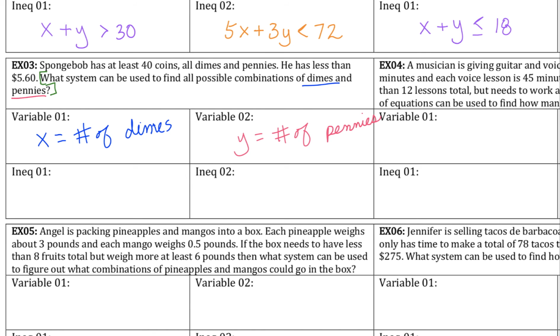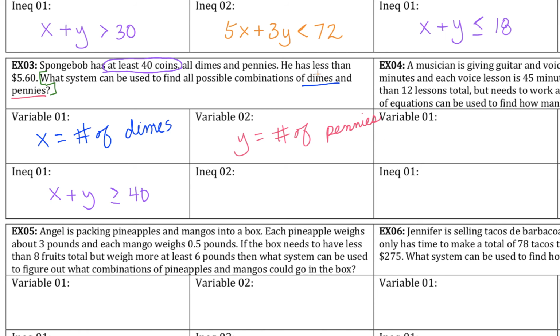It gives us two totals. Let's look for the one about the number of coins: at least 40 coins. So when you combine the number of dimes and the number of pennies, you get greater than or equal to 40 coins.